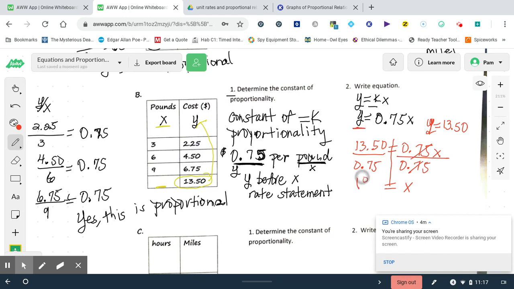And now I need to know 18 what? Well, 18 is going to go here, in the column for pounds. So 18 pounds of something is going to cost us $13.50. Okay. All right, let's move on.